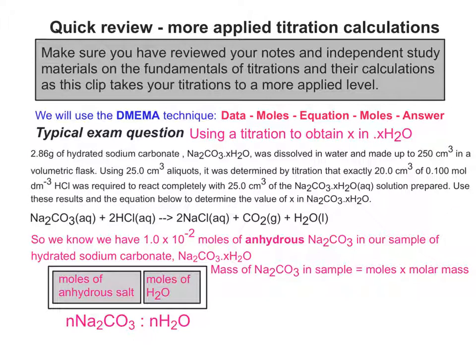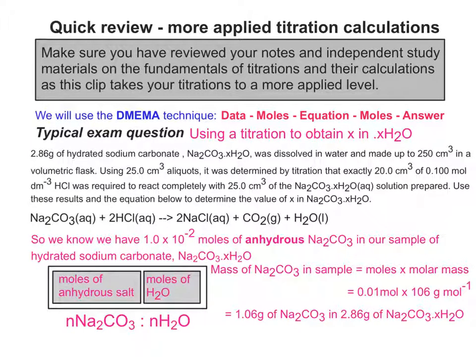So we're now looking for the mass of anhydrous Na2CO3 in the sample, and we achieve this by multiplying the moles times the molar mass of the Na2CO3. So multiplying those together, that gives us 1.06 grams of anhydrous Na2CO3 in 2.86 grams of our original hydrated sodium carbonate.